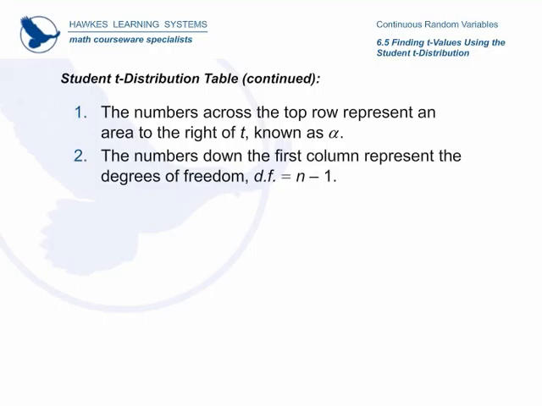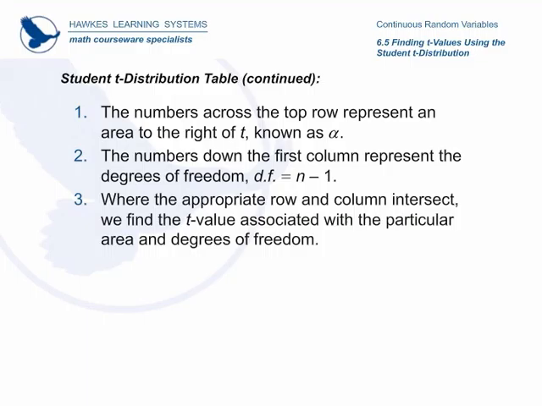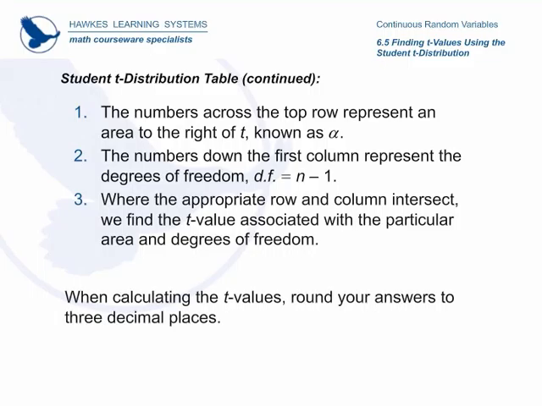Degrees of freedom equals n minus 1. Where the appropriate row and column intersect, we find the t value associated with the particular area and degrees of freedom. When calculating the t values, round your answers to 3 decimal places.